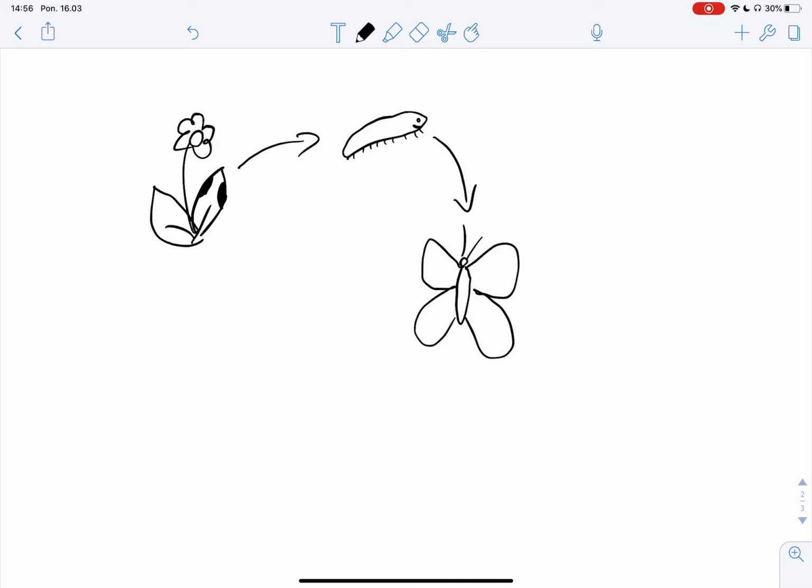They are just supposed to find a mate, then breed, reproduce, and that's it. And they die. And once it dies, all the chemicals that were present in the tissues of the wings and of the abdomen are being broken down once again by decomposers.